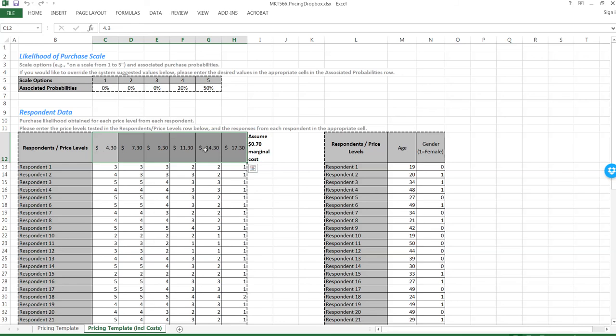MEXL will use these prices to optimize. So bear in mind, it assumes it's revenue, but with the lower price, indicating the margin. So essentially, these prices here correspond to the margin, and MEXL treats these as prices. But it will give you the profit maximizing price instead of the revenue maximizing price.